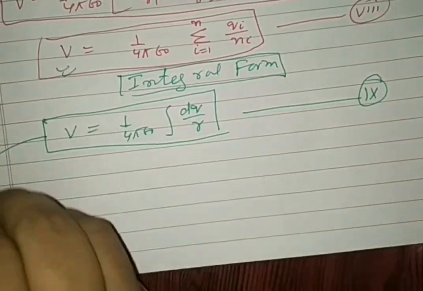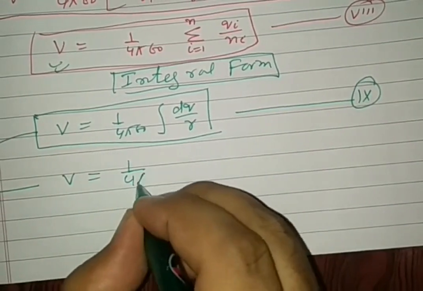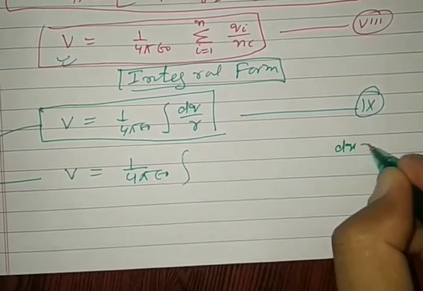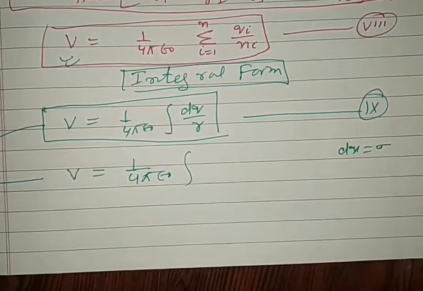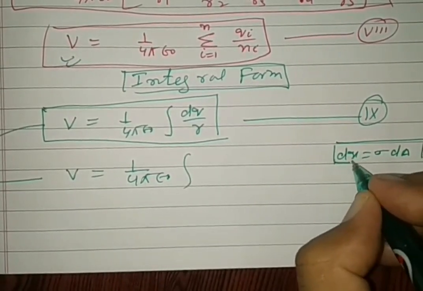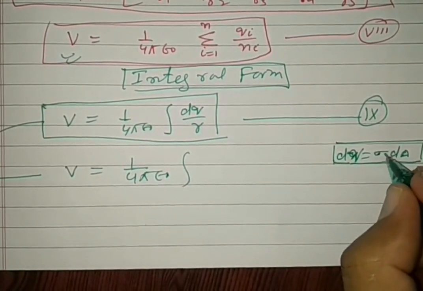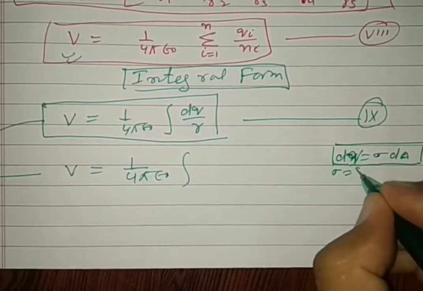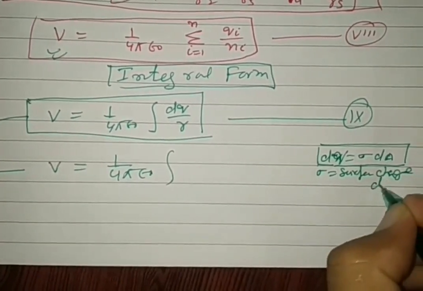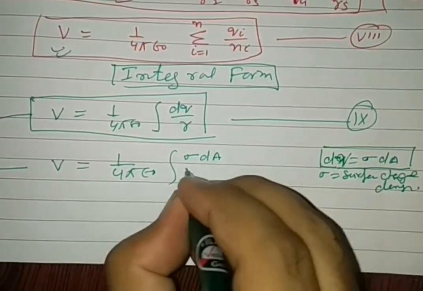Now, this equation can be transformed when charge is distributed over an area. Then dq is sigma dA. We have used this concept in Coulomb's law. Sigma is the surface charge density. So this can be written as the integral of sigma dA by r.